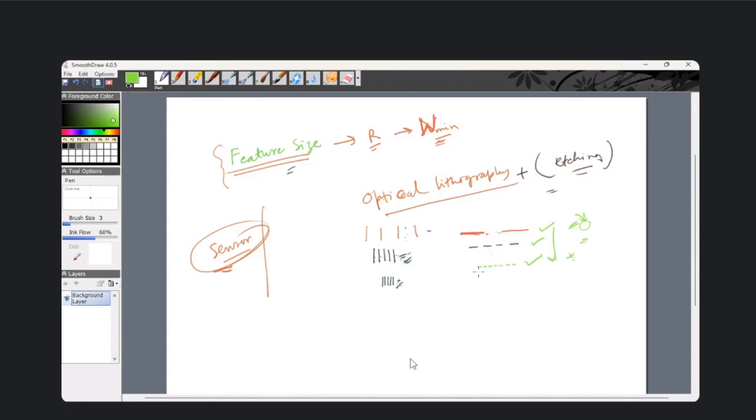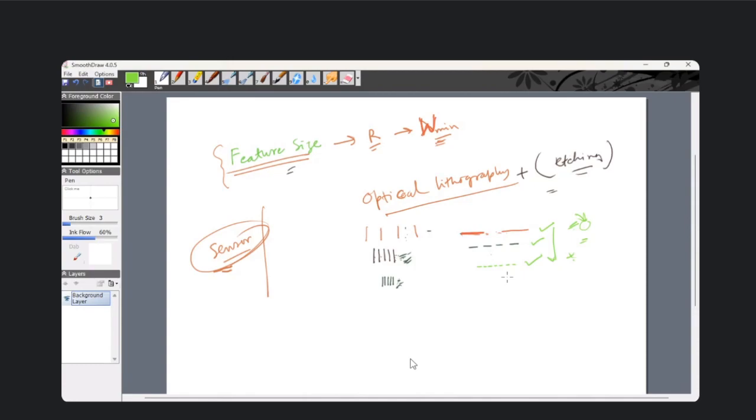Going from smaller to even smaller is the main driving force behind scaling. And of course, cost per function will be less. The challenge of lithography was there previously, it is there today, and it will be there in the future.